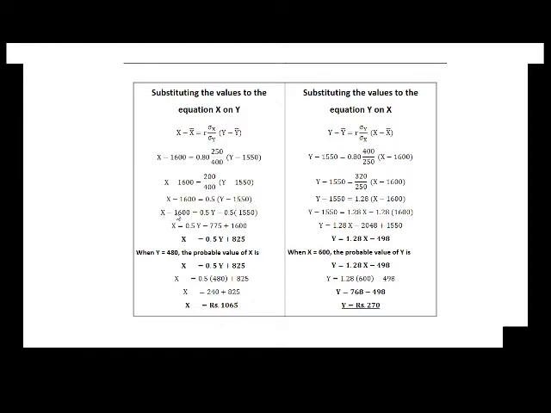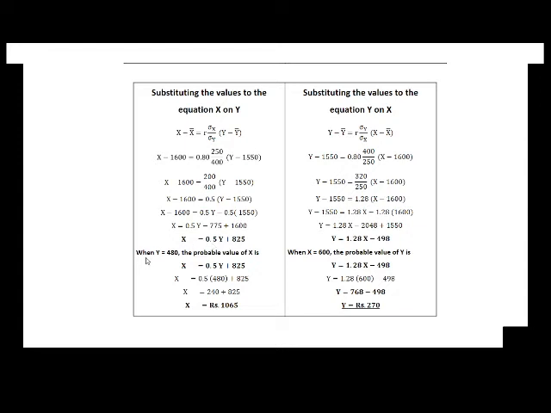X minus 1600 is equal to 0.5 y minus 0.5 into 1550. X is equal to 0.5 y minus 775 plus 1600. The final regression equation x on y: x is equal to 0.5 y plus 825.